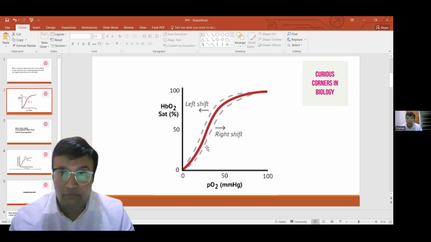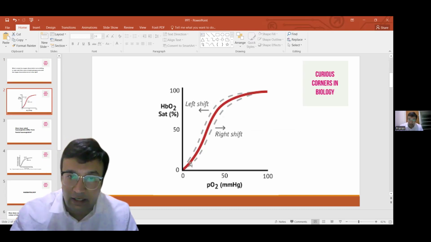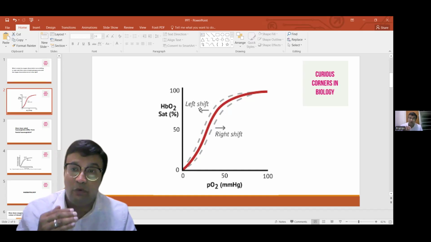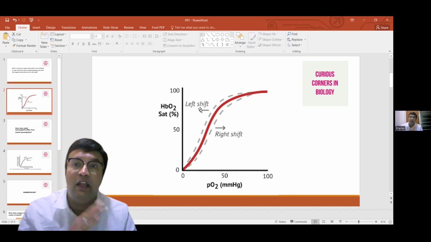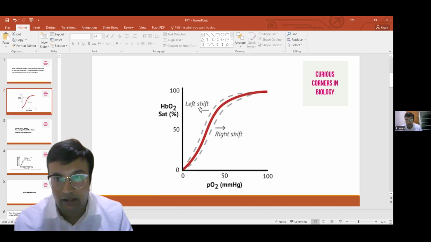And when oxygen binds to hemoglobin, then oxyhemoglobin is formed. Then this curve is shifting towards left. That means oxygen and hemoglobin bind tightly. Hemoglobin has more affinity to oxygen when this curve is shifting towards left.